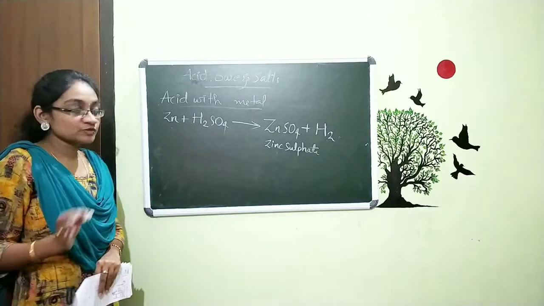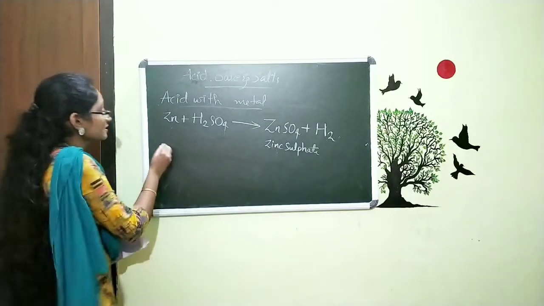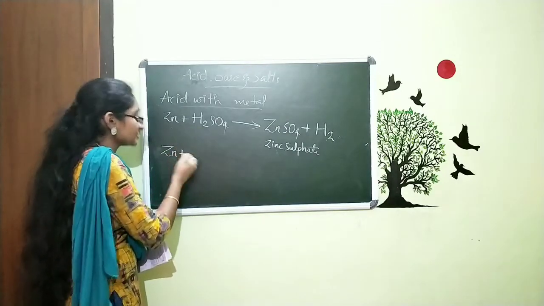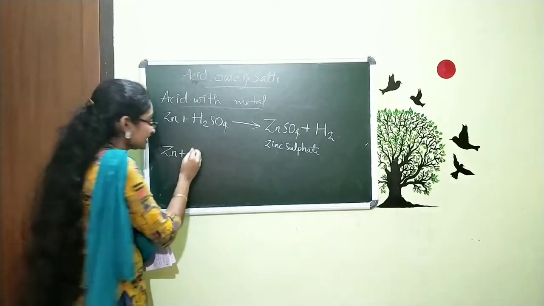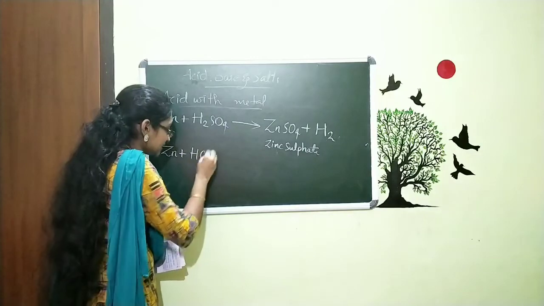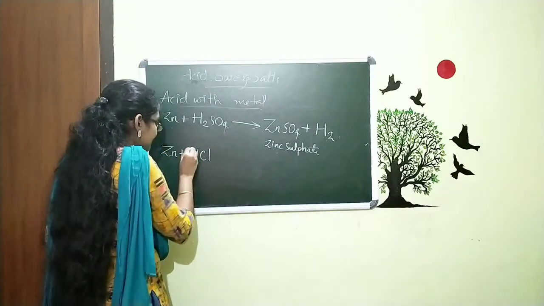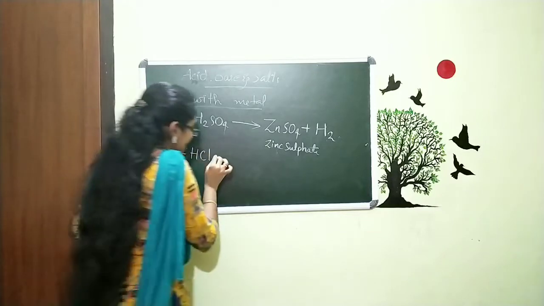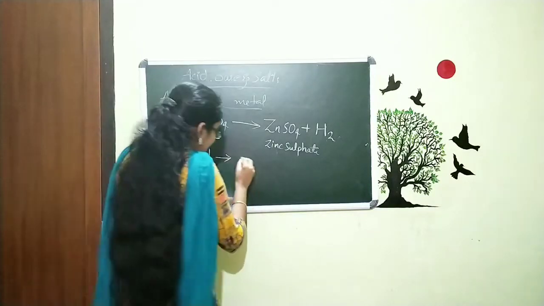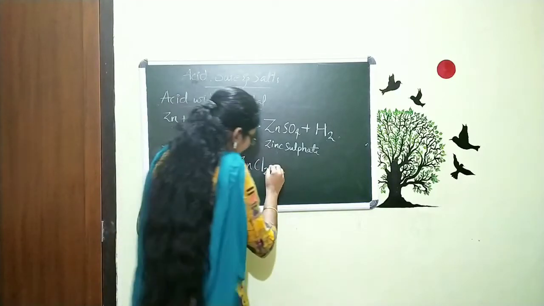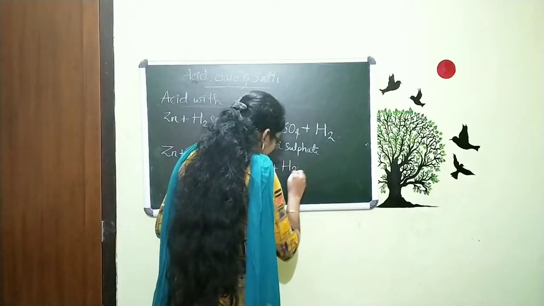Now we are going to study the reaction with hydrochloric acid. The same zinc reacts with hydrochloric acid, HCl. Then the reaction is like this: ZnCl2 plus H2.